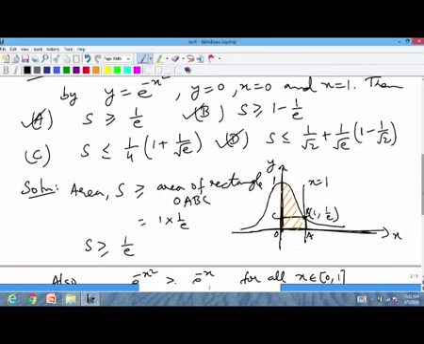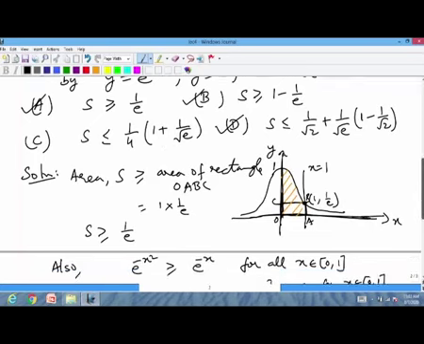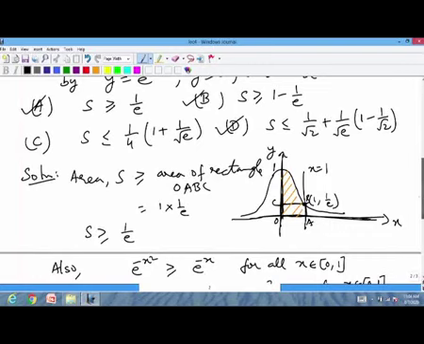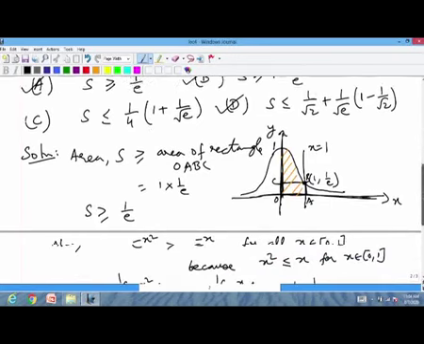So, option C is saying that S is less than equal to 1 by 4 times 1 plus 1 by square root of e. We have already seen that S is greater than equal to 1 minus 1 by e. So, let us try to see whether this quantity is less than or bigger than 1 minus 1 by e.